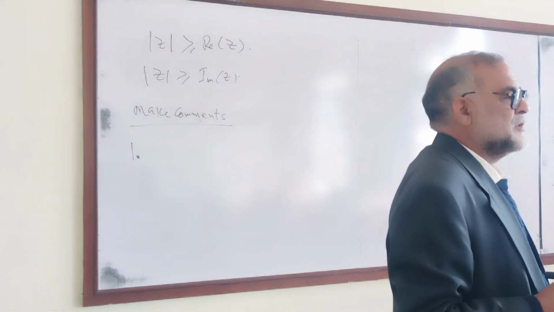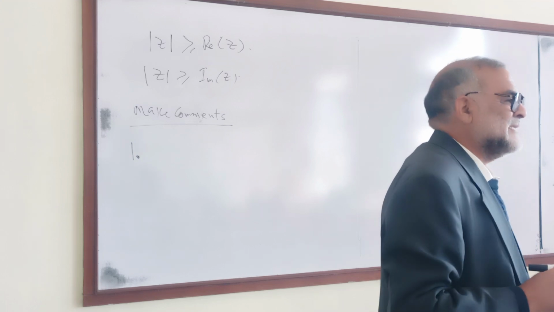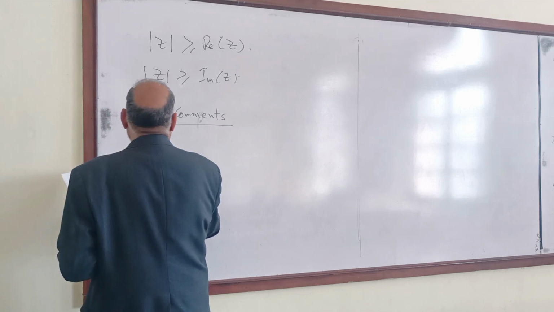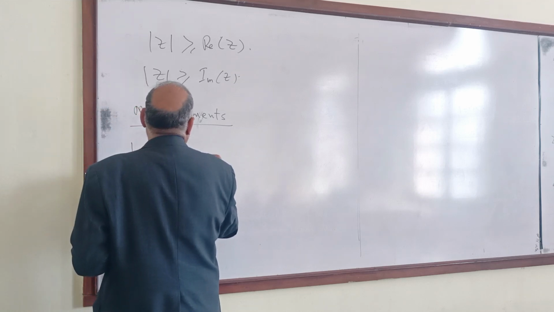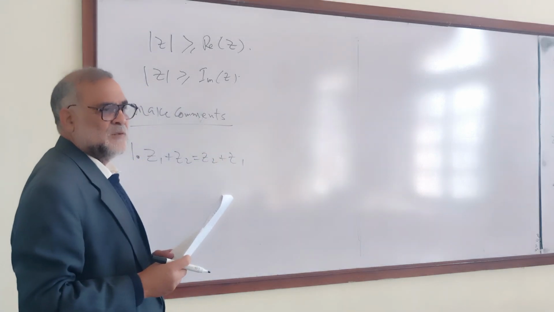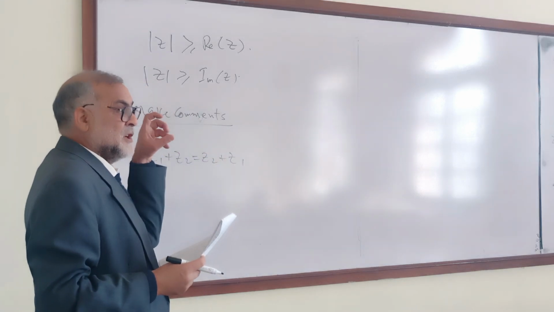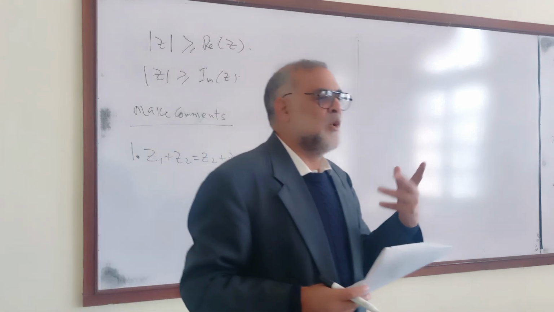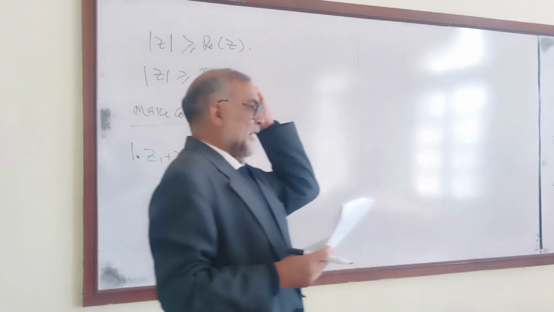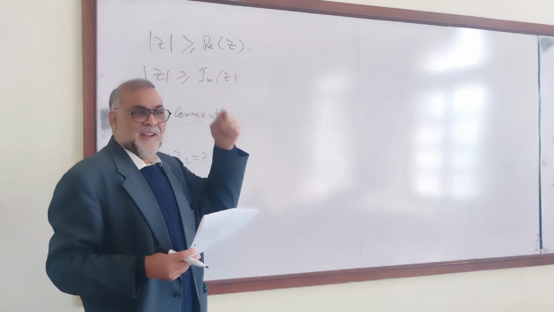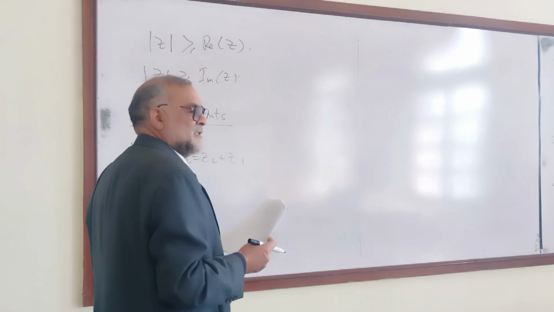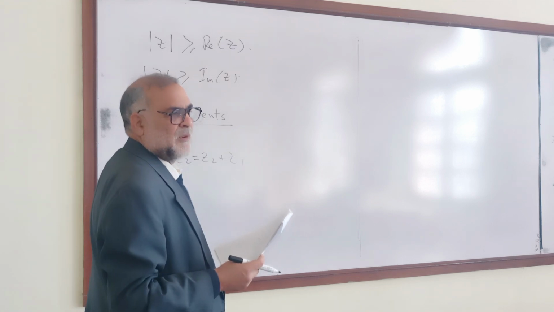Complex variable summation is commutative: Z1 plus Z2 is equal to Z2 plus Z1. We have to remember these properties, don't worry, because they will help us in solving problems.